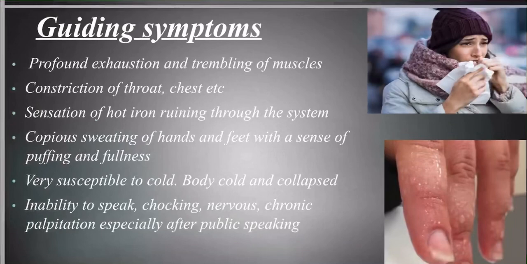First, there will be trembling of muscles. The person gets tired, then there will be constriction of the throat and chest, and the person feels as if hot iron is running on his body. The hands and feet will sweat a lot, there will be puffing and fullness, and the body catches cold easily. He is unable to speak, and after public speaking he is nervous and has palpitations.